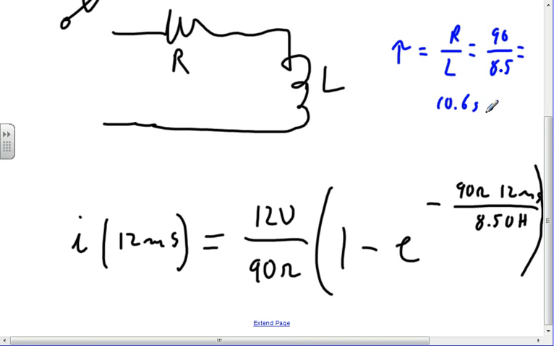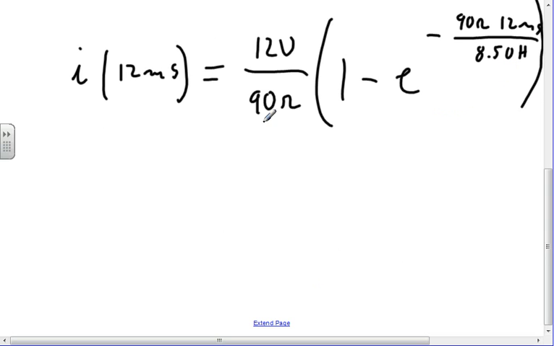And we're looking at the current at time 12 milliseconds. Why would we want to do that? It's going to be pretty close to the minimum, not the maximum.